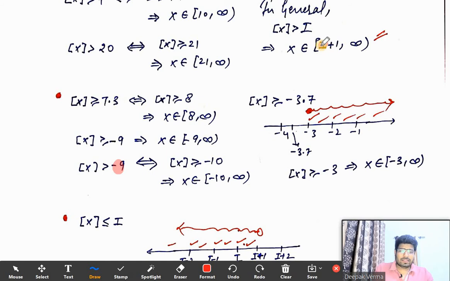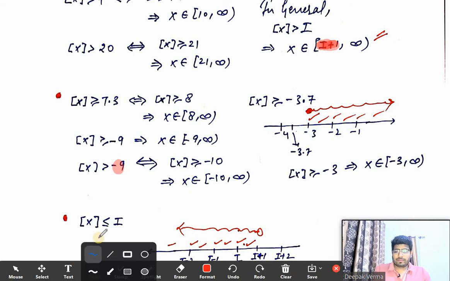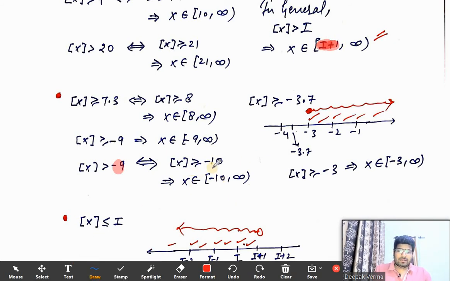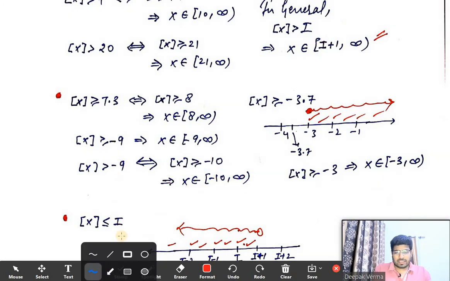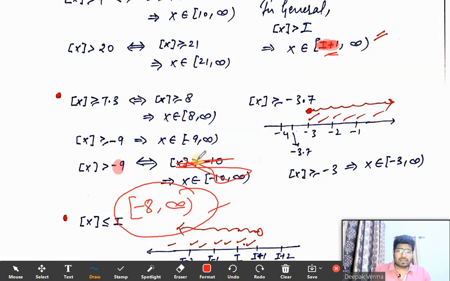So if we apply this, minus 9 plus 1 will be minus 8. Remove this. Apply this one: minus 9 plus 1 is what? Minus 8 to infinity. So here also we get this answer. I hope it is clear. So make a correction over here. I am saying again and again.